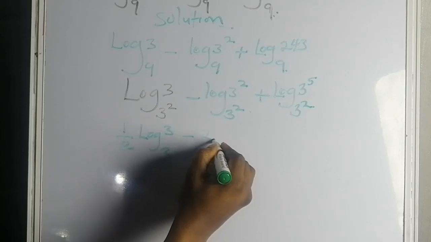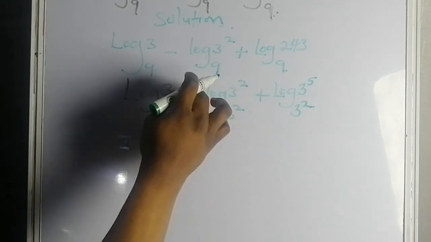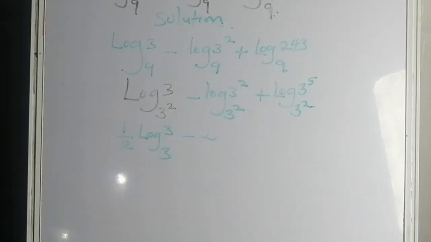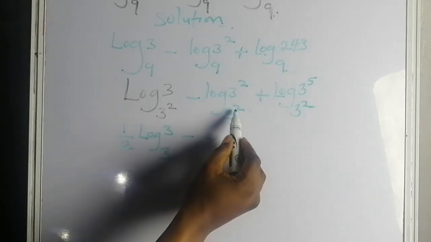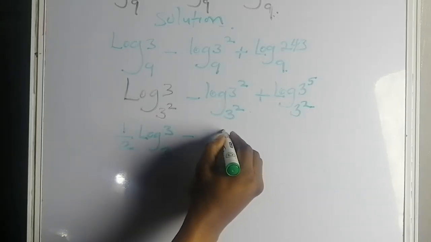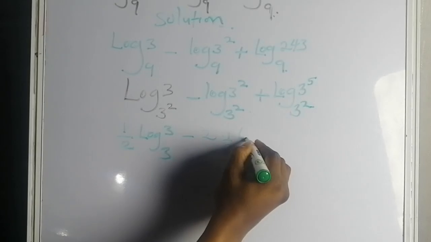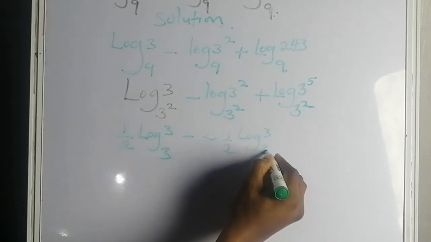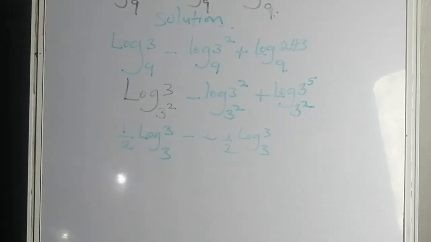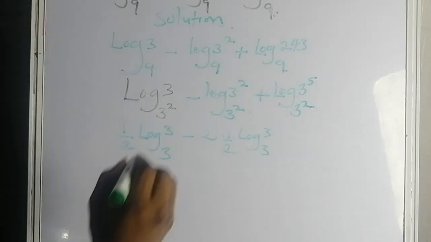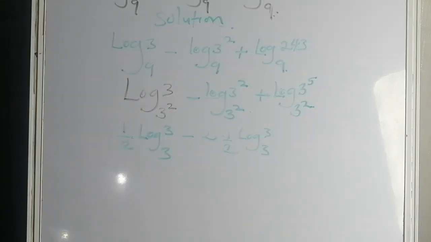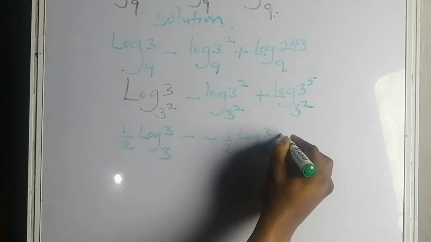Then you also have 2 here. This 2 is coming to the back of the log, which is still the question. Then this half is also coming to the back of the log, which is the inverse. So log 3 base 3. Any power on the base, when coming to the back of the log, will be the inverse of that number.